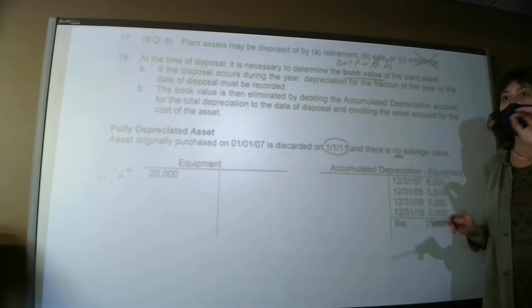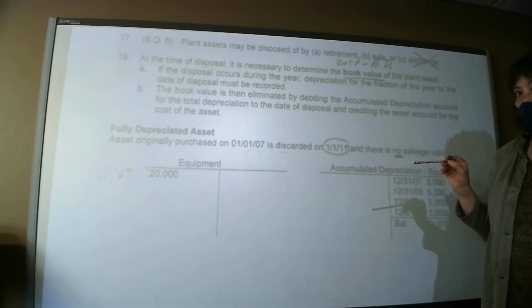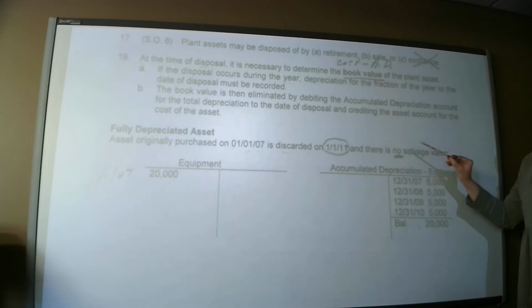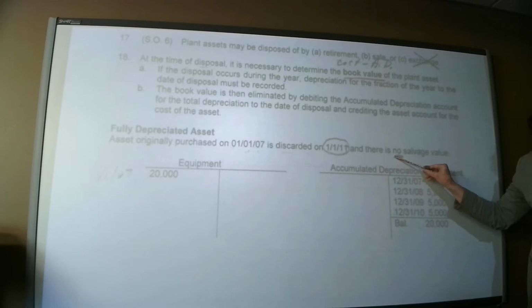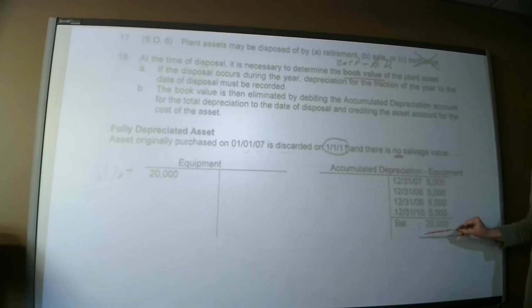I'm gonna revise this just a itsy bitsy. What if my salvage value is 2,000? Can you guess what will be book value in 4 years again, at the time of full discard?